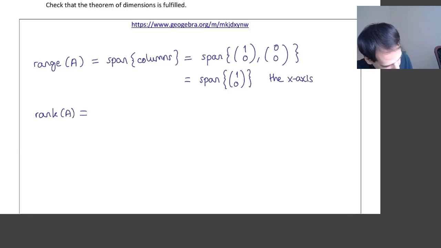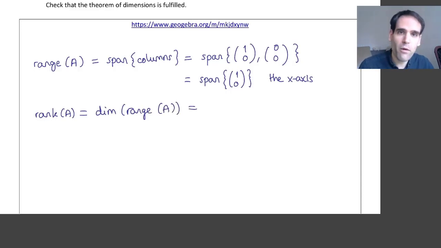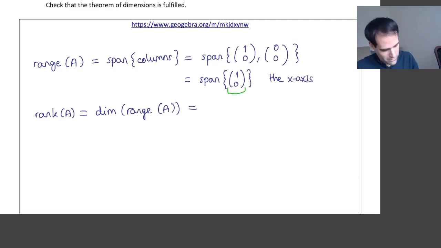So the rank of A is simply the number of dimensions of the range. How many dimensions? Well, a way to know the number of dimensions is to know how many linearly independent vectors span the space. Since we have only one vector, this is a one-dimensional span. Indeed, the x-axis is a line which has one dimension. So the rank is equal to 1.